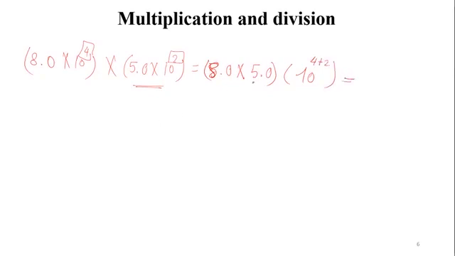So the answer here would be 40. 8 multiplied by 5 is 40, multiplied by 10 to the power 4 plus 2, which is 6. I should remember that my number here should be between 1 and 10.